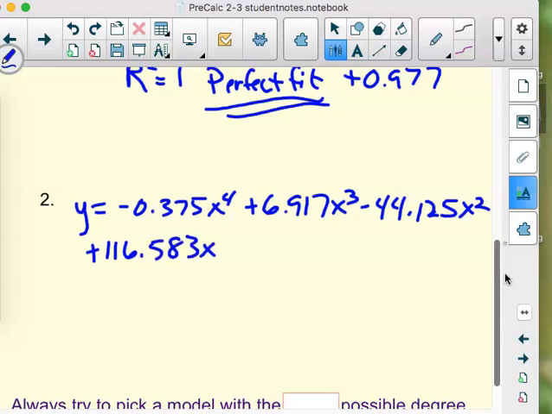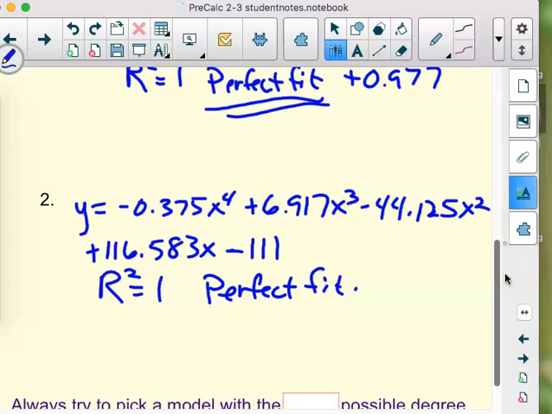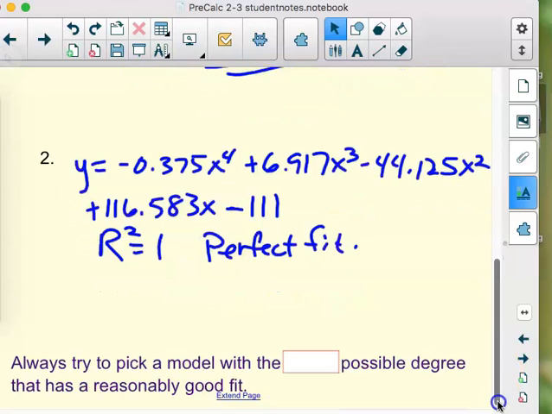And then something a little interesting, that last number, our constant, came out perfectly as minus 111. And again, coefficient of determination was 1, so that means this is a perfect fit, which is always our goal.